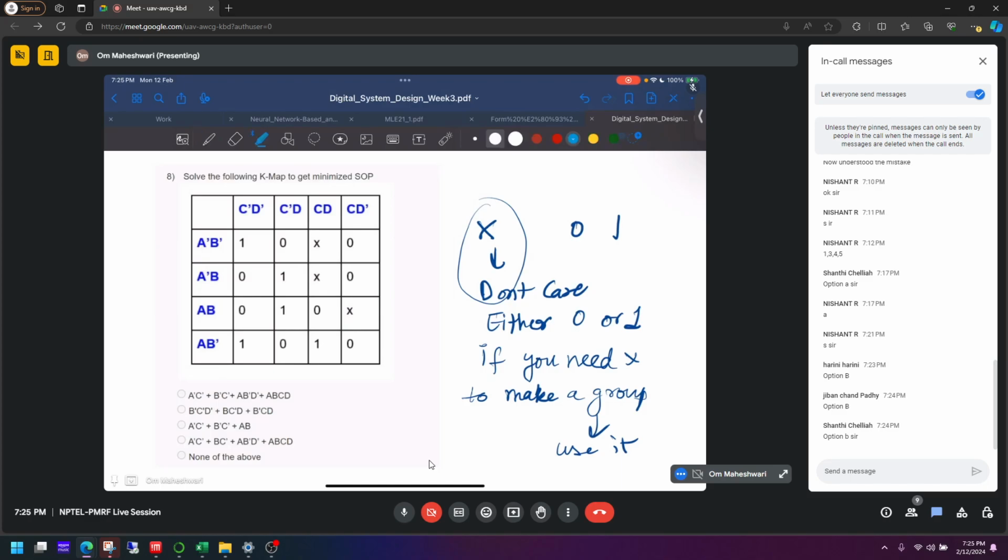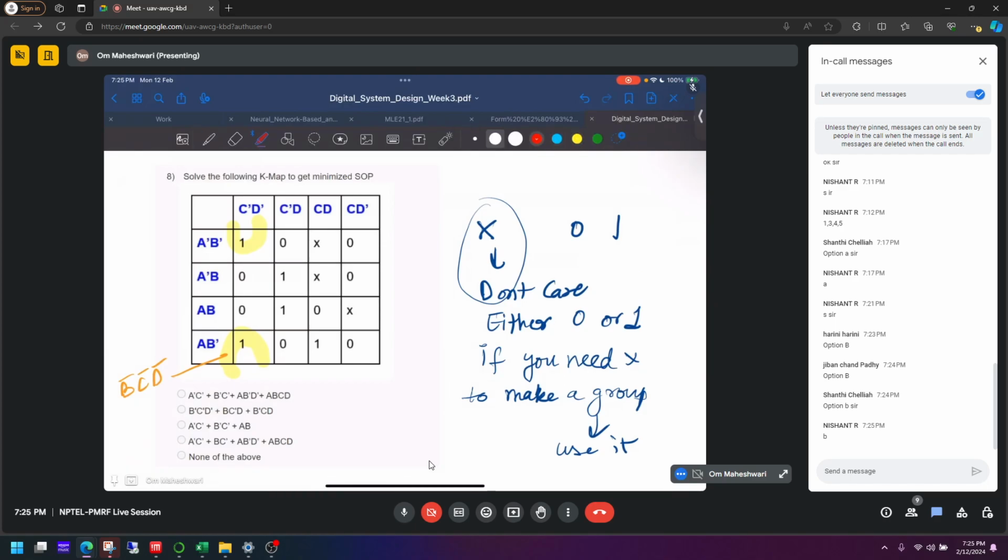So let us try and make the groups. One is this, right? This will be B bar, C bar, D bar.